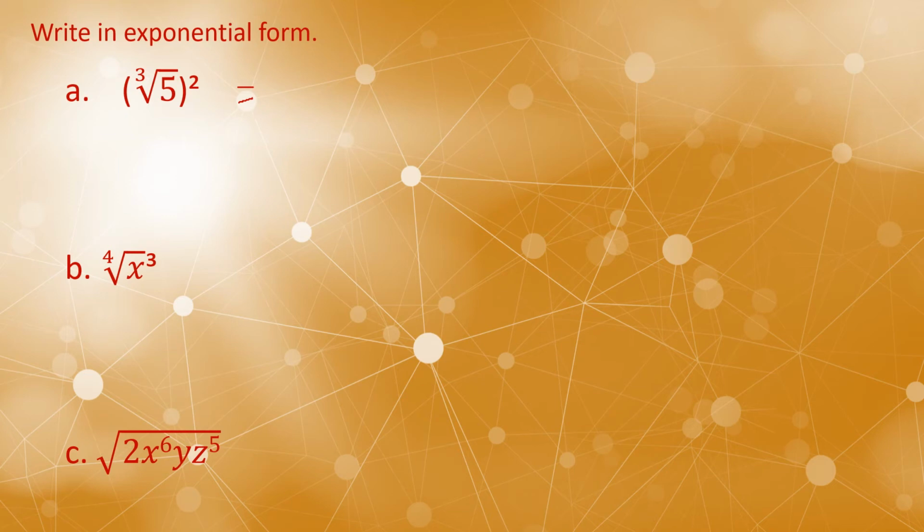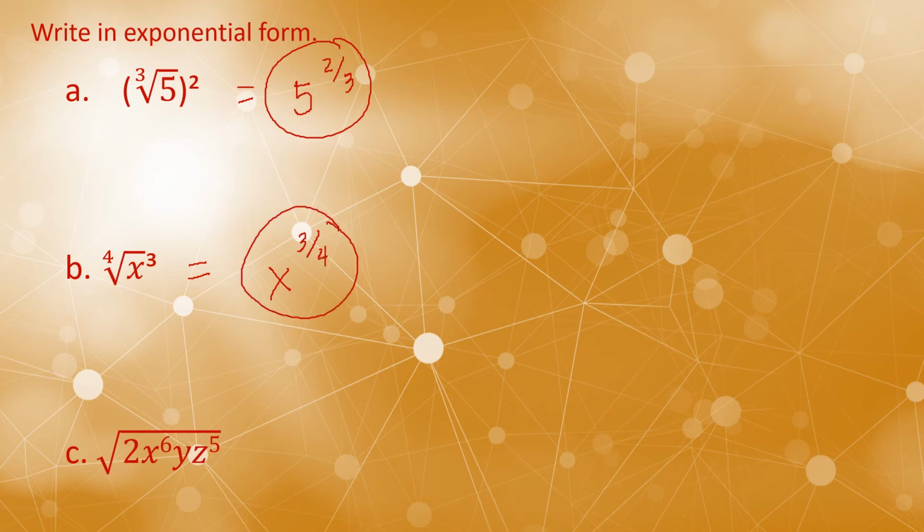In exponential form, this is 5 raised to 2/3. Next, we have the fourth root of x cubed. In exponential form, this is x raised to 3/4. And then for the third one, we have the square root of 2x raised to the 6th power, y z raised to the 5th power.